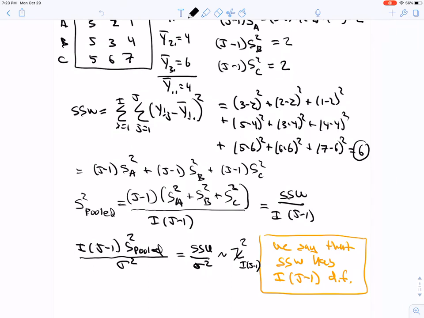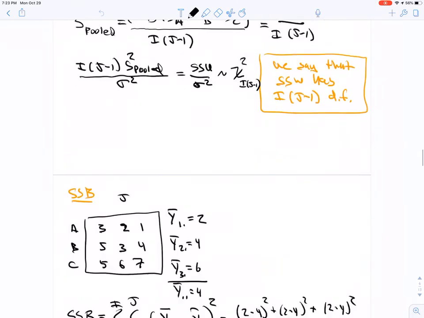So the pooled variance is just the average of the group sample variances, and that's SSW over I times J minus 1. So I times J minus 1 times the pooled variance over sigma squared is a chi-squared with I times J minus 1 degrees of freedom. So we say that SSW has I times J minus 1 degrees of freedom.